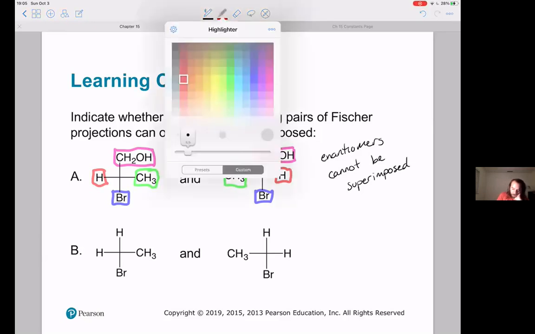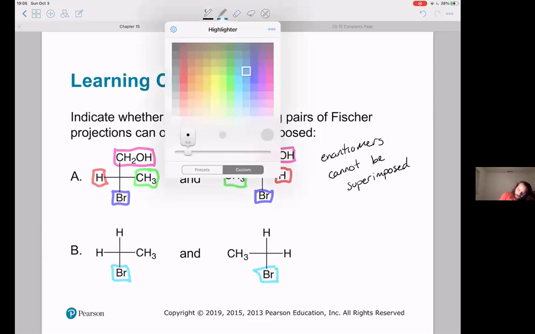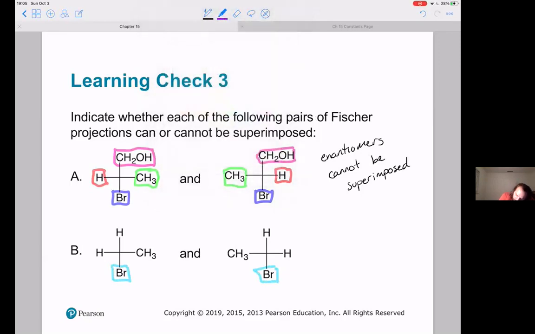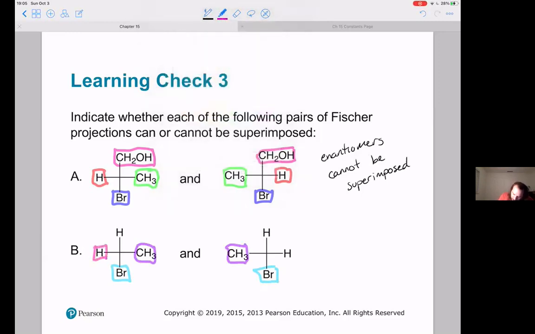Okay. What about the next one? Well, so I have my bromine here, my bromine here. My methyl group has seemingly swapped sides on one side compared to the other. Same with this hydrogen, it has swapped sides on one side compared to the other. However, there's 2 hydrogens.